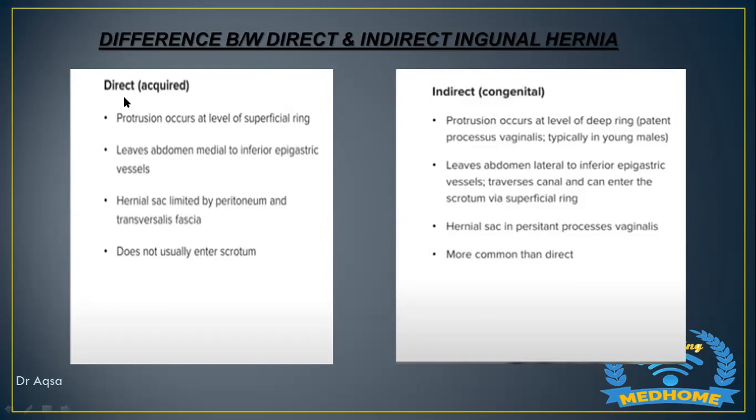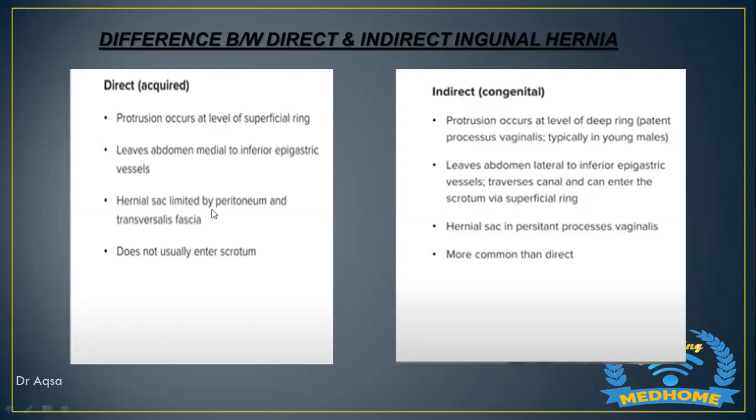Direct inguinal hernia happens medial to the inferior epigastric vessels, while indirect inguinal hernia happens lateral to them, traverses the inguinal canal, and can enter the scrotum via the superficial inguinal ring.